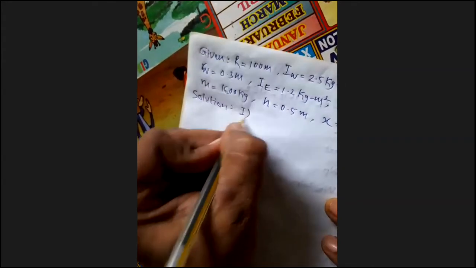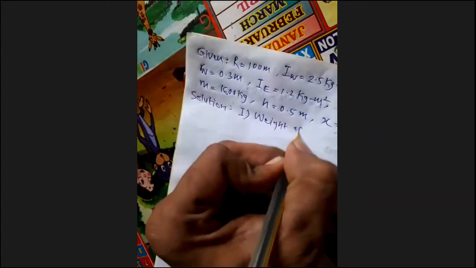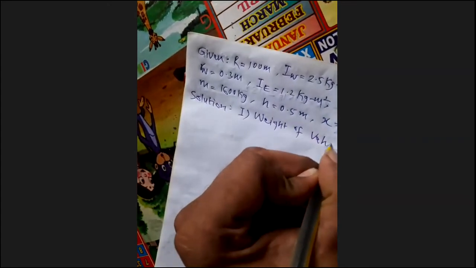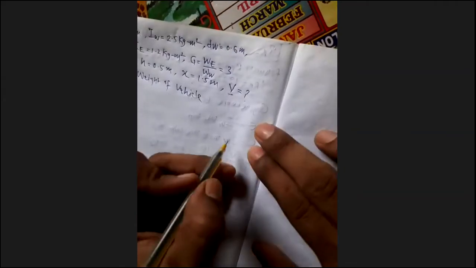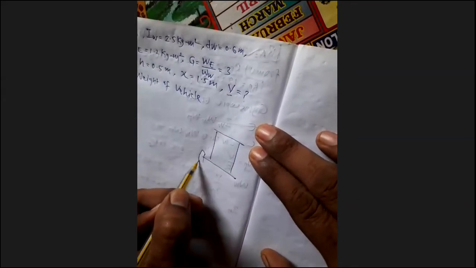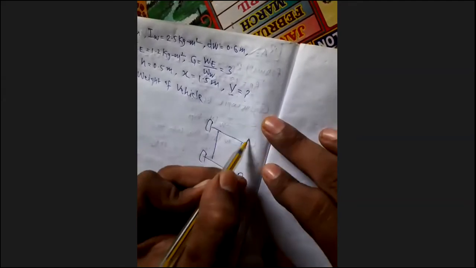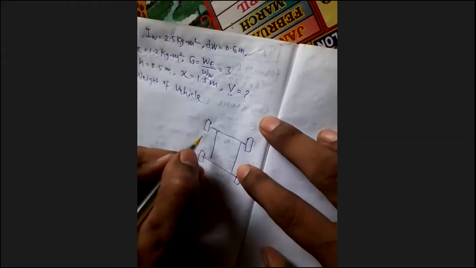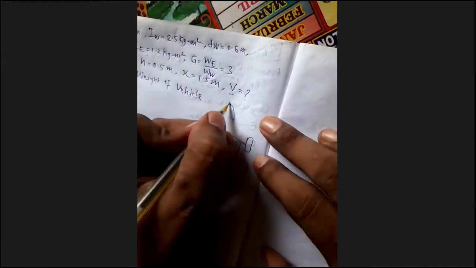First thing that we are going to consider is the weight of the vehicle. I draw a general diagram here just to remind you about the reaction. This is the four-wheel drive. Suppose it is taking a left turn.